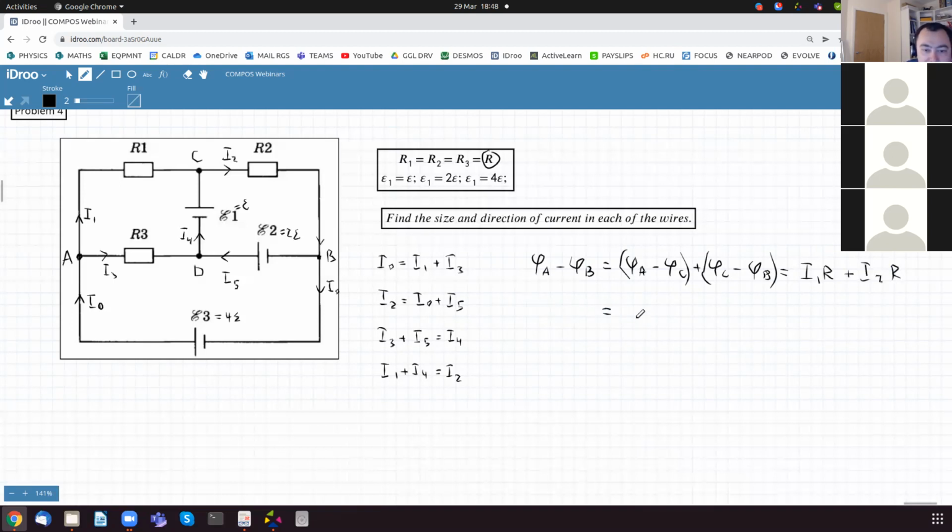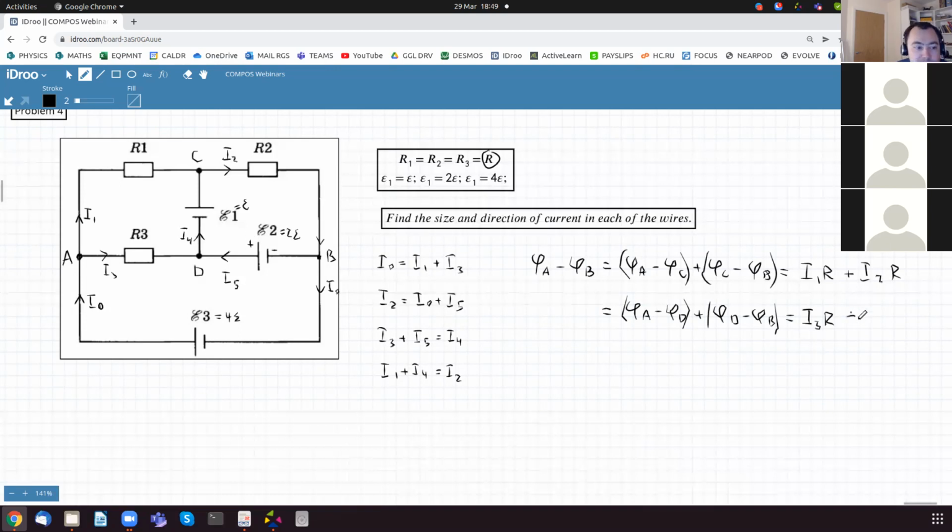On the other hand, we can write that phi A minus phi B is phi A minus phi D plus phi D minus phi B. Phi A minus phi D is I3R, and from D to B, because we're going from plus to minus again, we are decreasing potential.